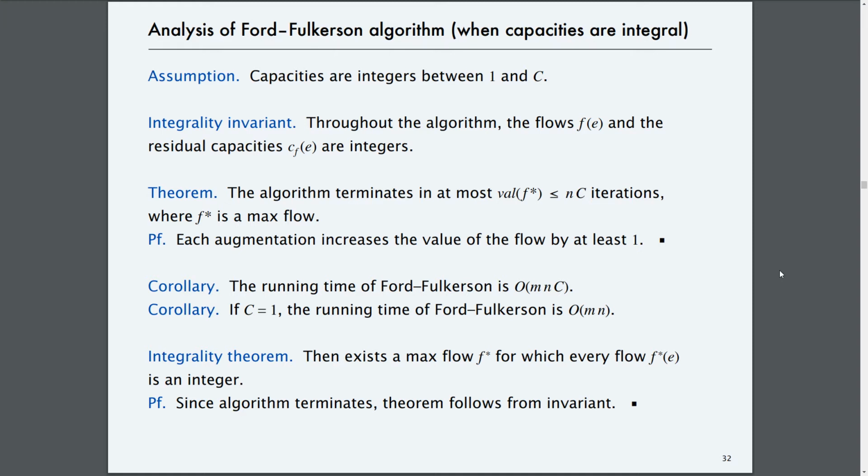So our algorithm is going to terminate in at most n times c iterations, because each augmentation is going to increase the value of the flow by at least 1. And since we do a BFS each iteration, the running time is going to be O of m and c. So if c is just 1, the running time is O of m times n.